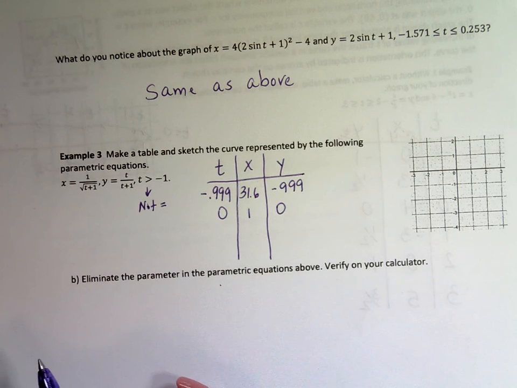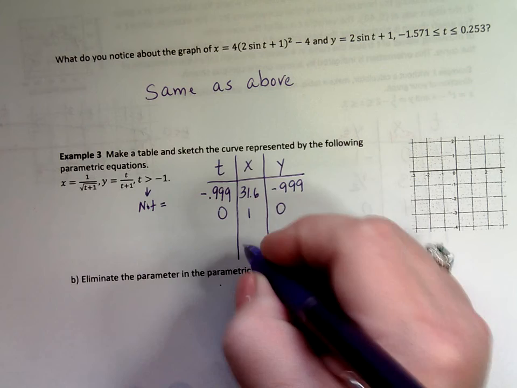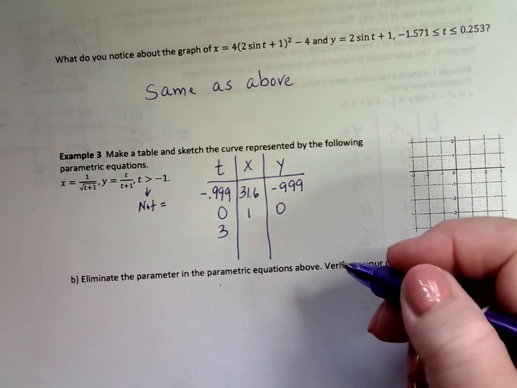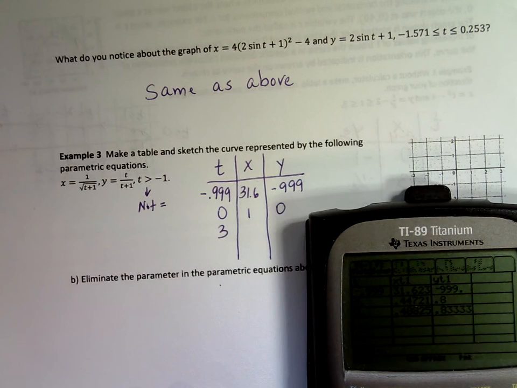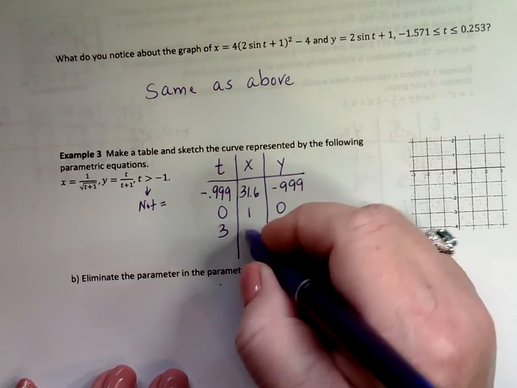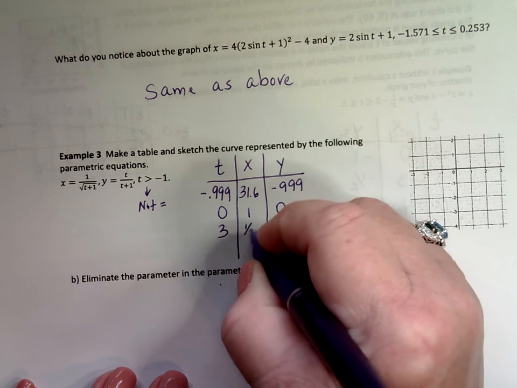So again, for sake of time, the next one I picked was 3. And you can put this in your calculator again in the table. 3 gives me 0.5 and 0.75, and you can put it as fractions or decimals.